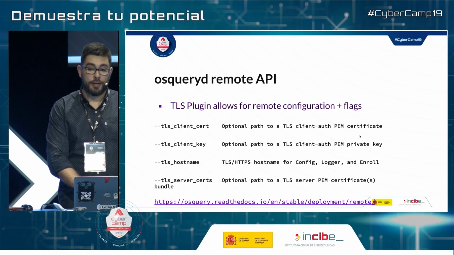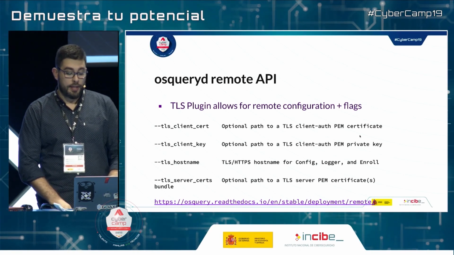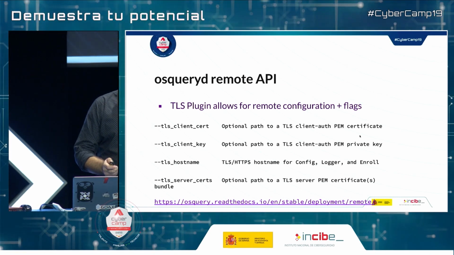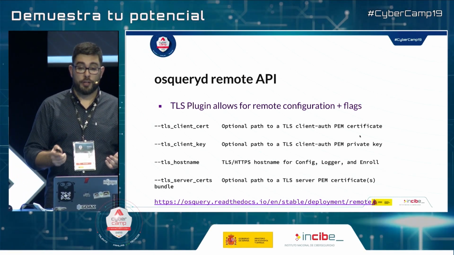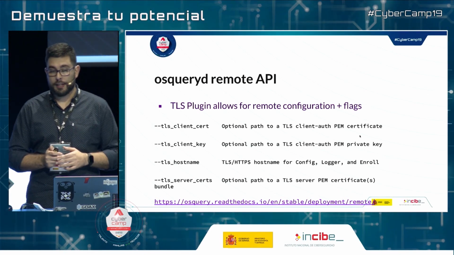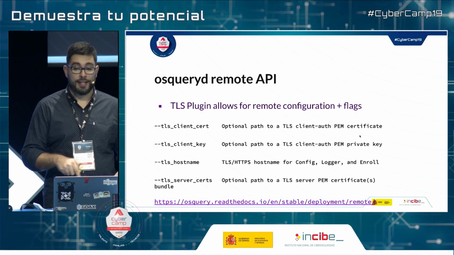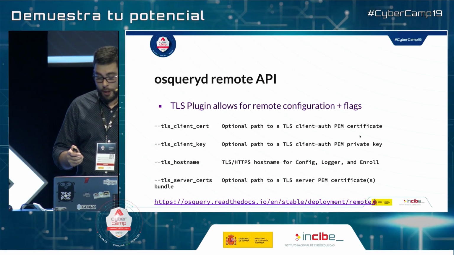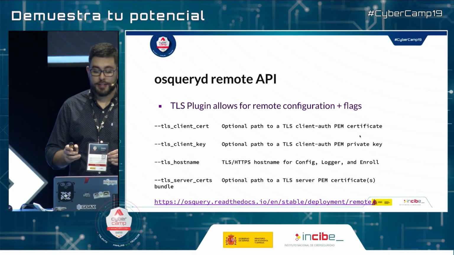If you have a mutual TLS, then you need a client certificate or a password. You'll have to give the host name that TLS will use and the certificates for the servers if they are not in the machine keychain.